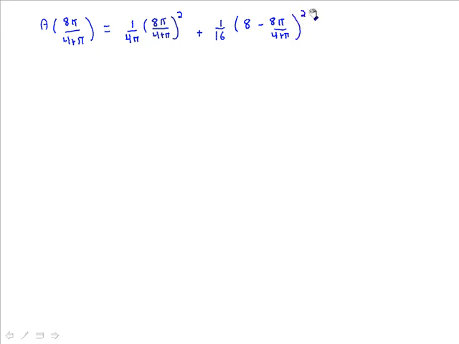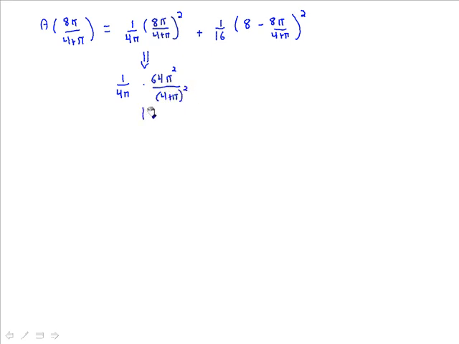And we've got to work this one down. Now there's plenty of things you can do with this to make it work out well, but for this first expression it's hard to avoid having to expand that term, or at least the 8 pi. So that's going to be 64 pi squared over 4 plus pi squared.